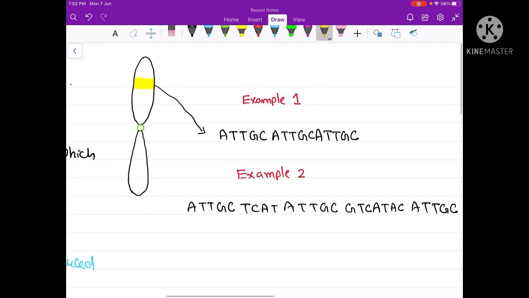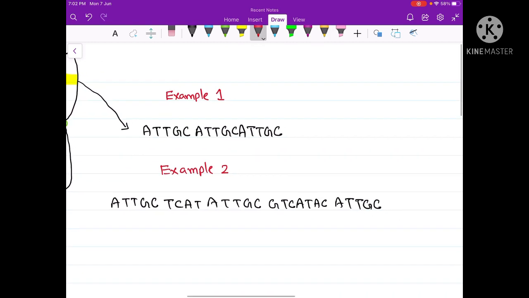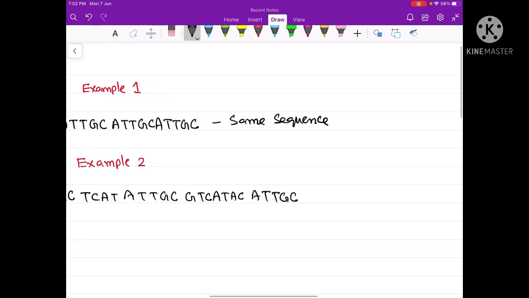As far as their types are concerned, when the same repetitive sequence is present at the same site, it is called a tandem repeat. For example, in this example above, you can see that the same sequence is repeating at the same site.